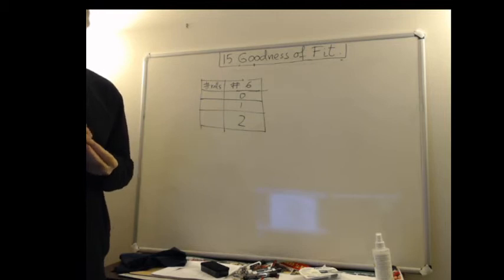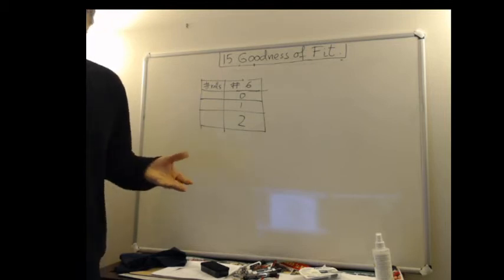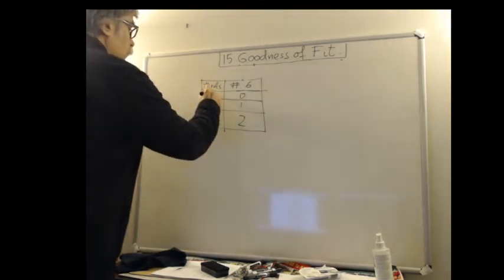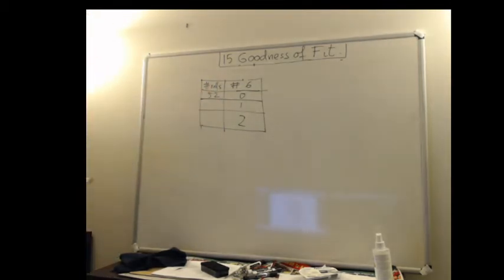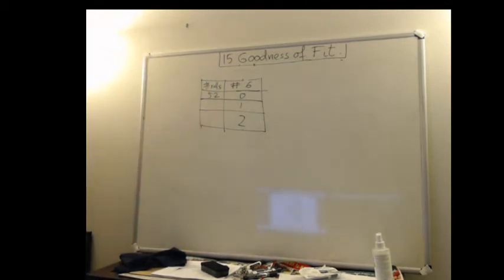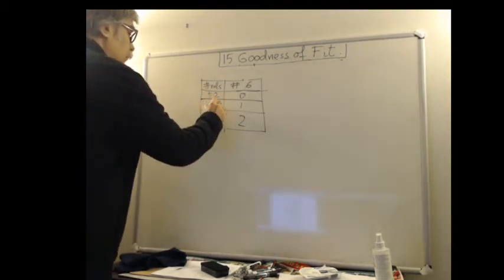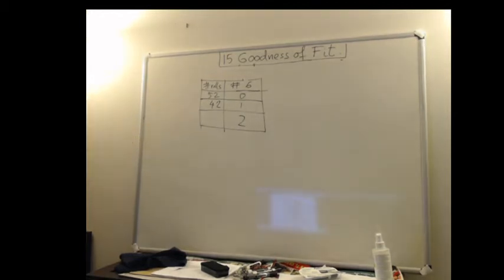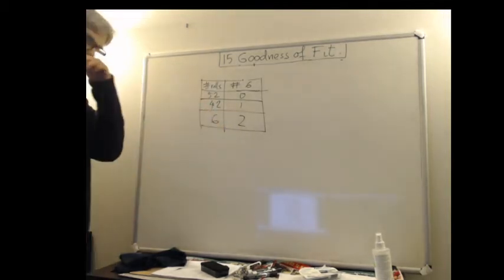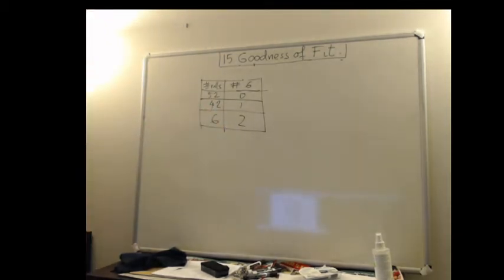So you're playing with this guy, and he somehow gets 52 times nothing, meaning you get something that is not 6 on either die. Then he's got 42 times with one die showing 6. And then he also had 6 times both dice showing 6.